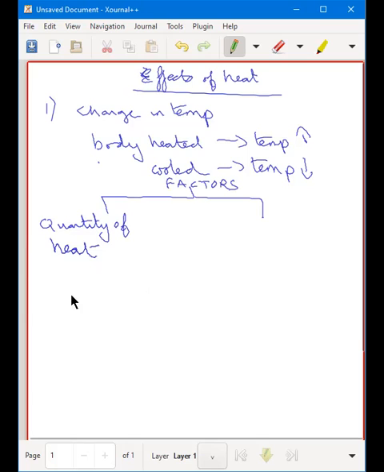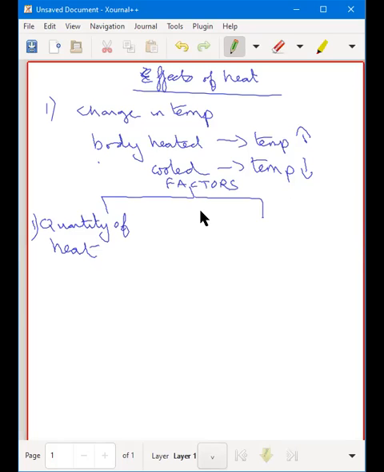So how much heat are we providing to the object? That is the first factor which will determine the rise and fall in the temperature. For example, when you impart heat to a body, its temperature rises because the molecules start vibrating faster.